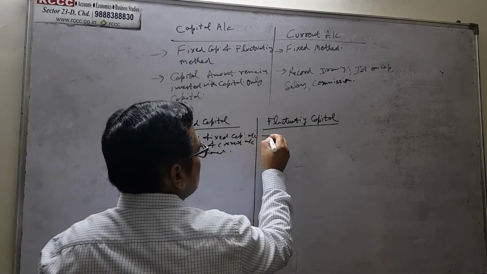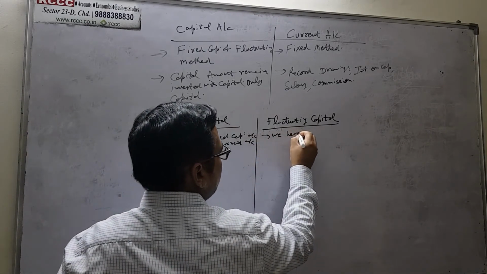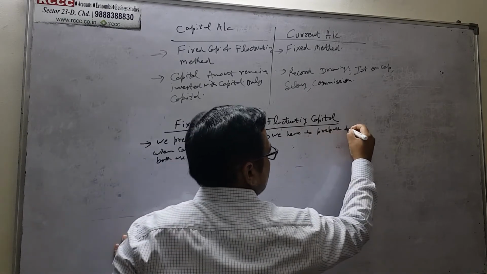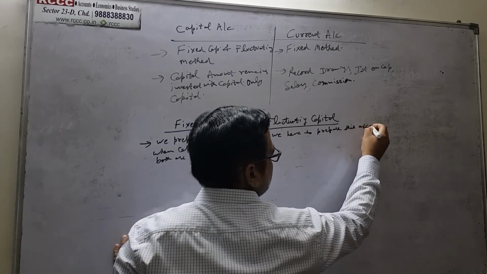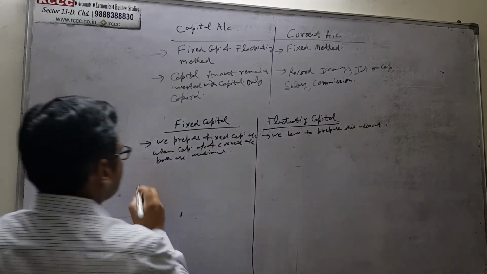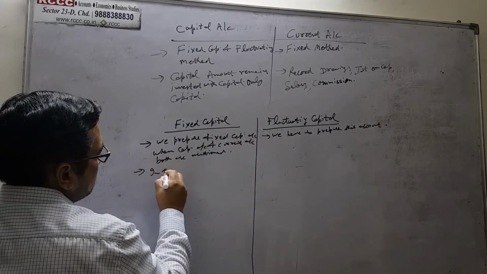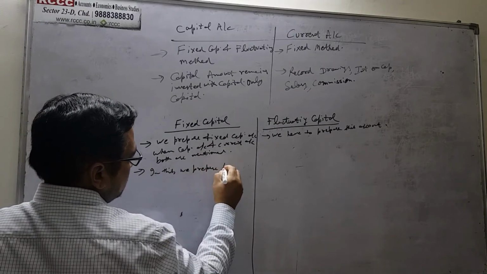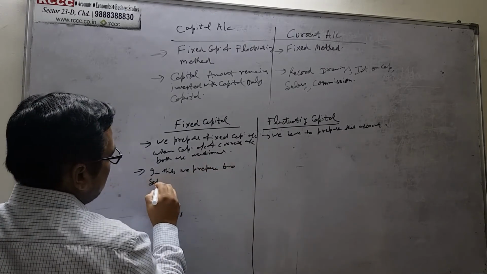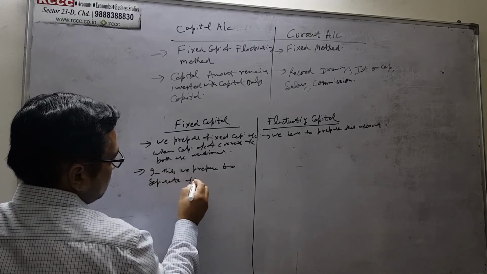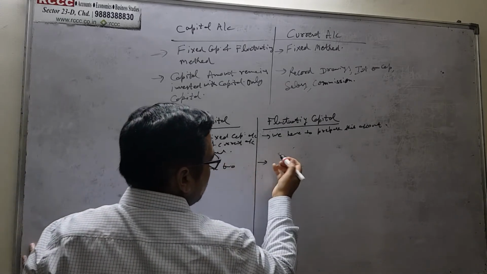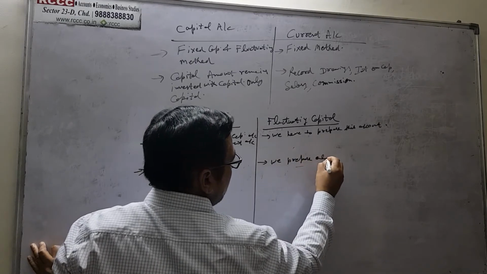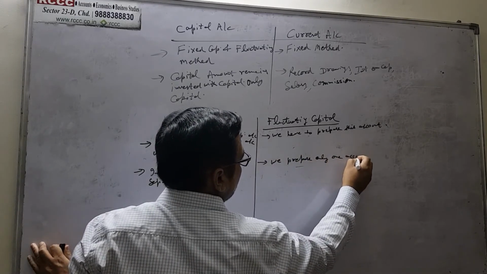If nothing is mentioned, we have to prepare this account. In this, we prepare two separate accounts. In fluctuating, we prepare only one account.